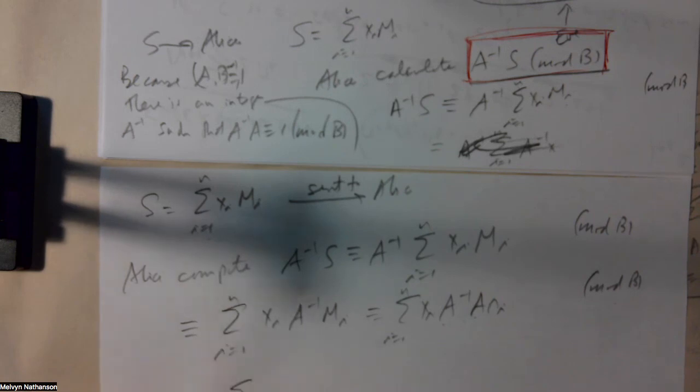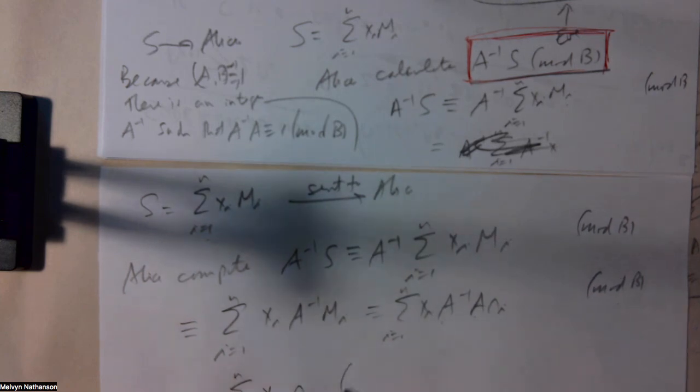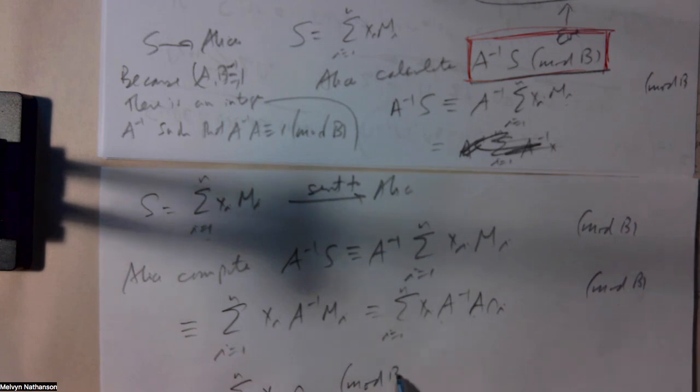So this is the summation I goes from 1 to n, xi Ri mod B.